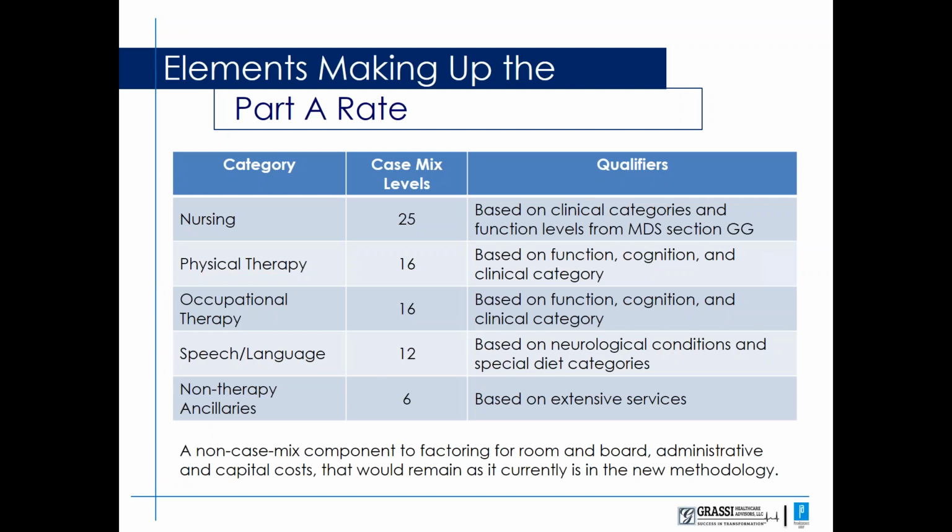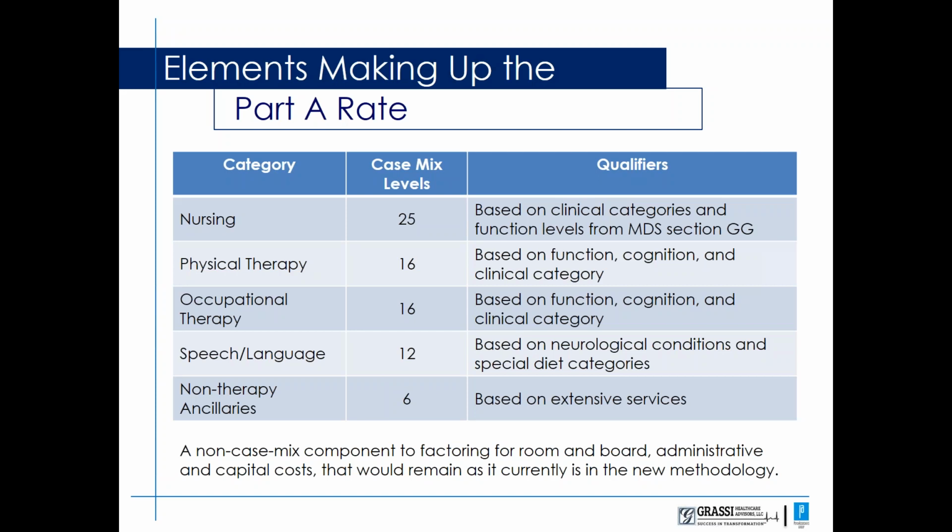There's 25 different levels of nursing, 16 levels of physical therapy, 16 levels of occupational therapy, 12 levels of speech language, and 6 levels of non-therapy ancillaries. The important thing here is that for every patient, every one of these categories becomes important, because the case mix and the dollar amount at each of these levels goes into what the total payment is going to be for the resident.